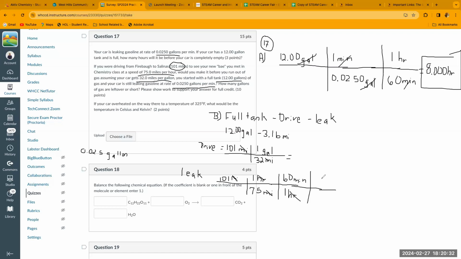So then, since we want gallons, we're going to put our 0.0250 gallons on top. And then we're going to put our minute on the bottom. Okay. So if we do that math, what do you guys end up with?